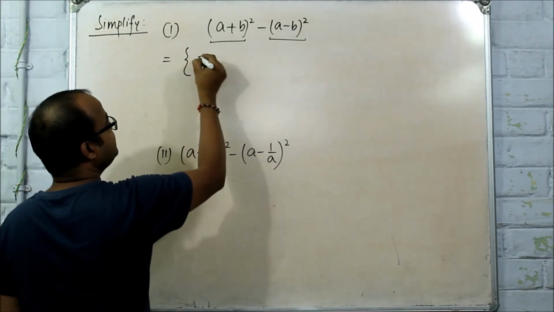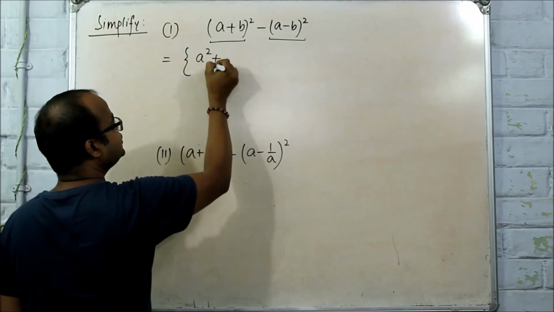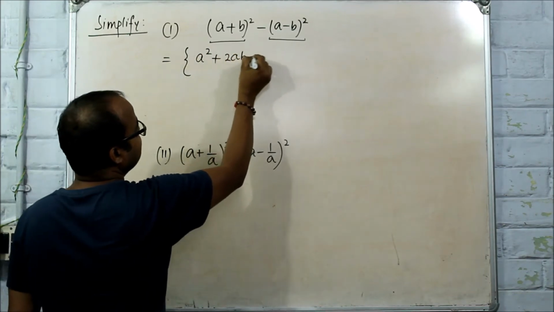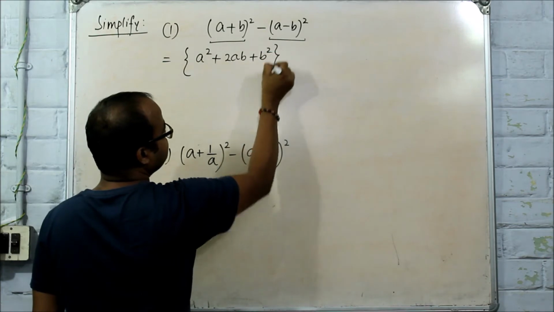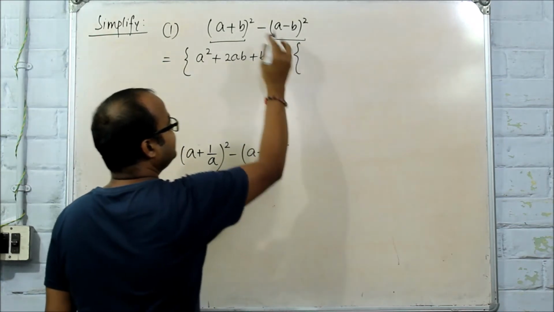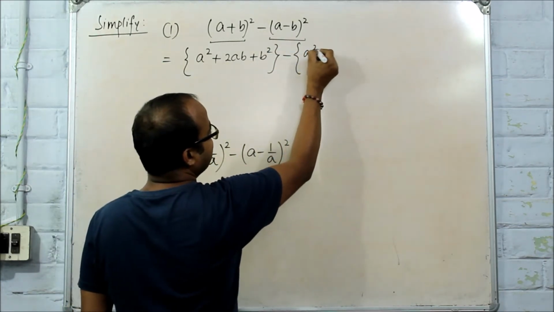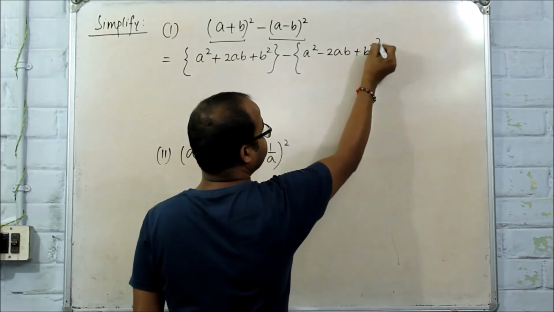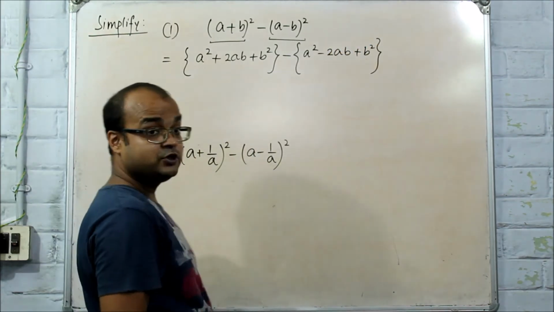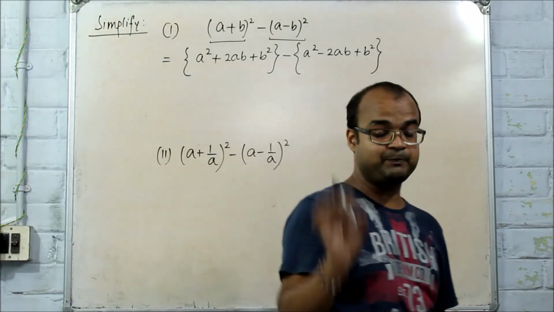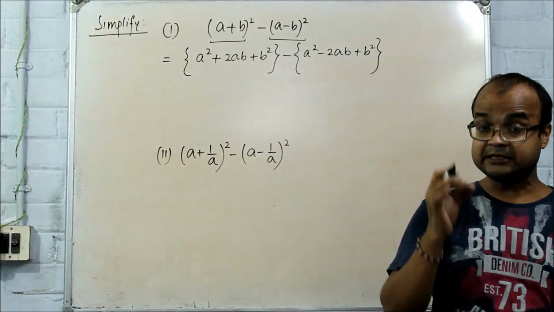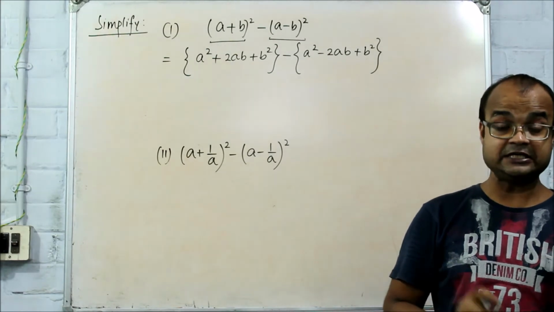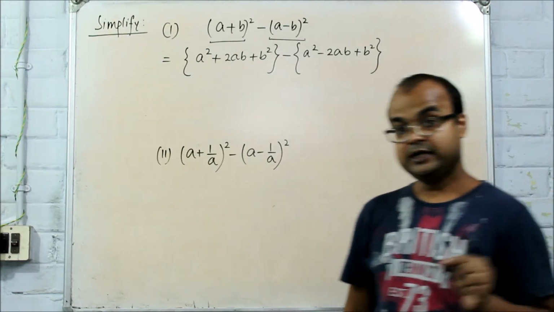The formula of a plus b square is a square plus 2ab plus b square, minus the formula of a minus b square, which is a square minus 2ab plus b square. Students, always use the bracket. If you use the bracket, you can easily avoid errors.